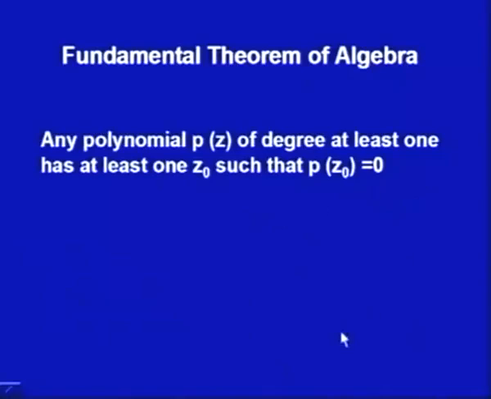The proof is by contradiction: if you assume there is no z such that P(z) is 0, then P(z) can't be a polynomial of degree n; it must be a constant. So, this is the fundamental theorem, which says that any polynomial of degree n has at most n roots. That is what you have done in algebra, but not the proof. The proof is here.